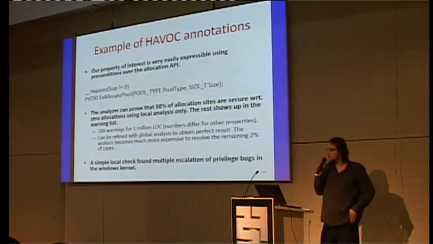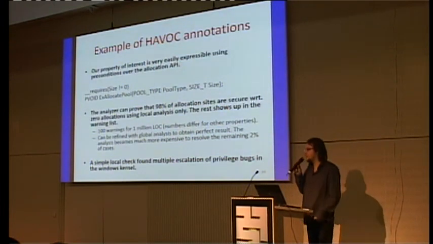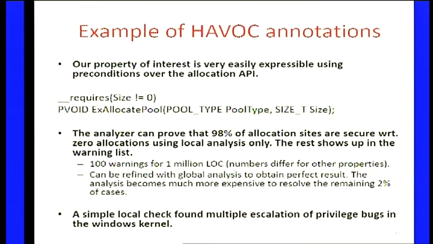Just to give a couple of numbers, on the first test case, the theorem prover was able to filter out 98% of the locations of the assertions. So in 98% of the cases, the assertions could be proven true. So we don't need to review those cases.